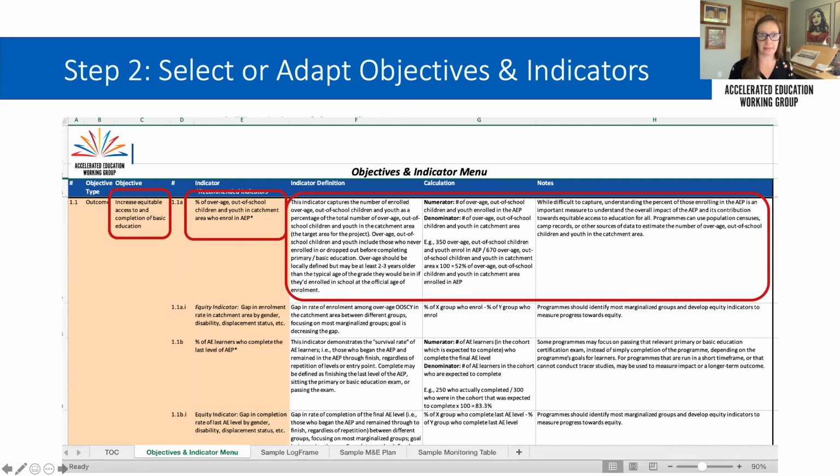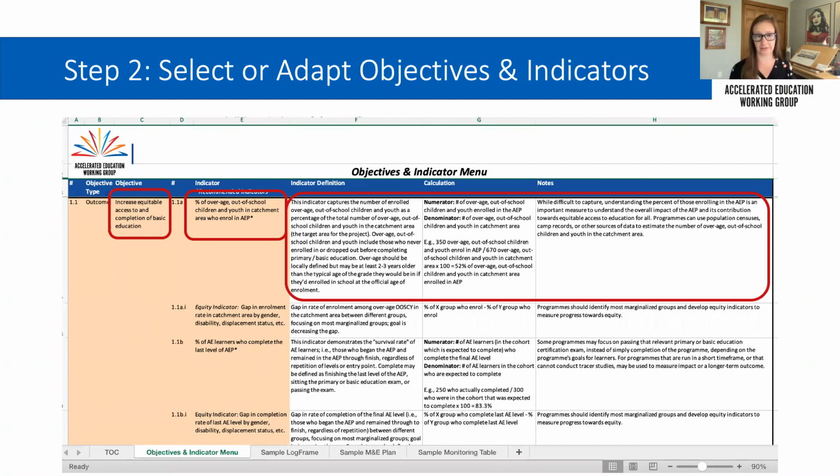And then also really important in the white boxes to the right, we also define the indicator and provide a suggested calculation for that indicator. And again, this is really homing in on exactly what it is that the indicator is trying to measure. One thing that's particularly challenging is that a lot of times when doing the evidence review, the Accelerated Education Working Group and the group of consultants found out that there was a lack of clarity on how data was calculated and from where it was drawn.